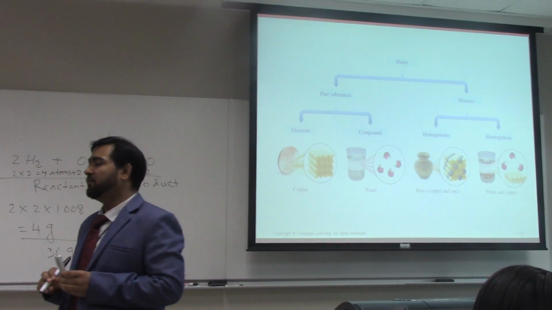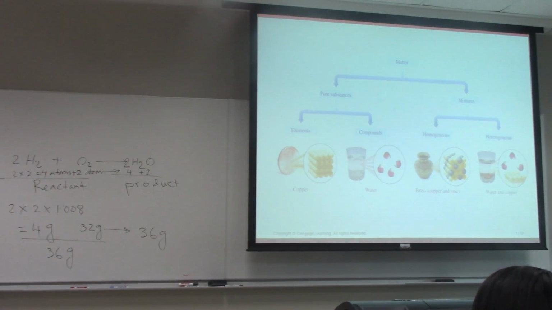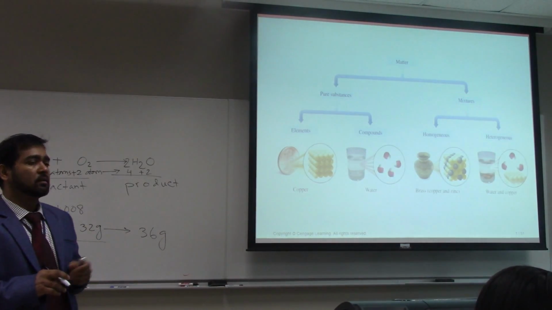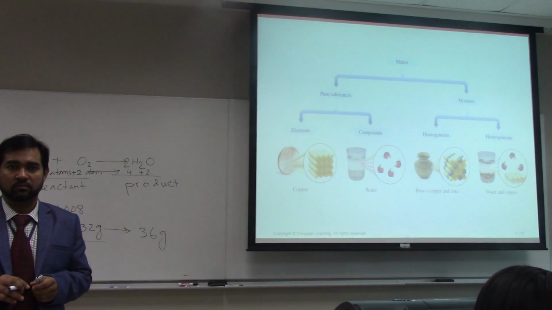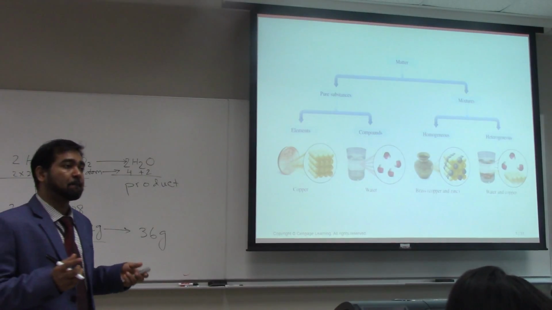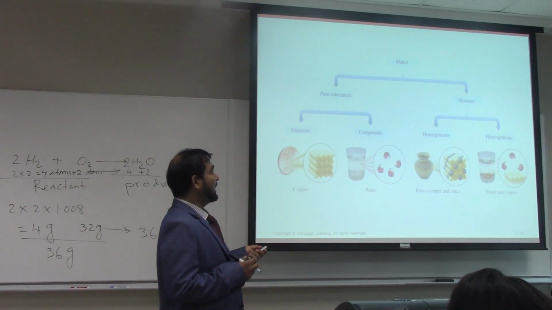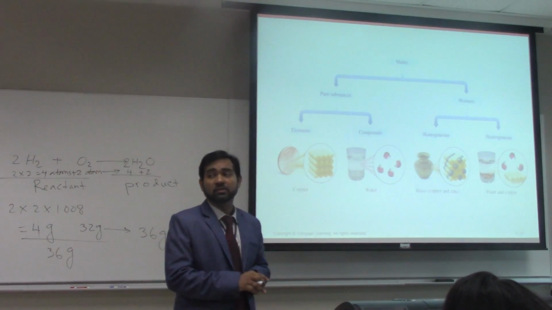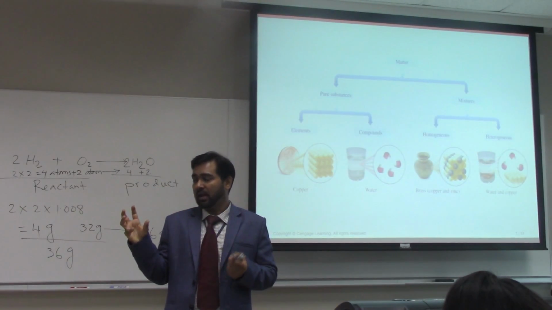If it has a specific combination and property, that is called pure substance. And if it doesn't have a specific property and combination, that's called mixture. 2 things, right? Property and combination.